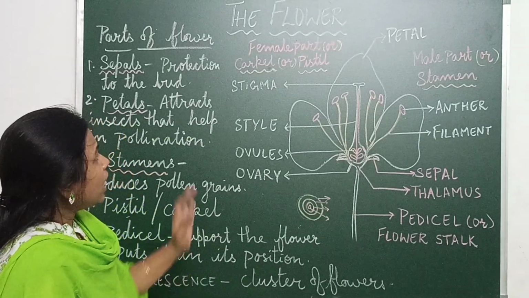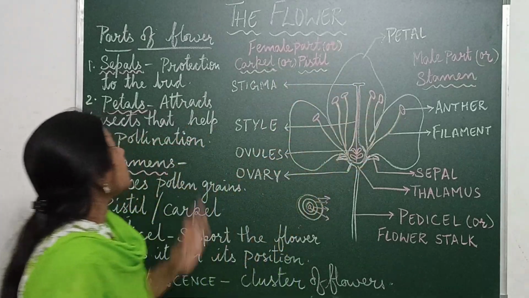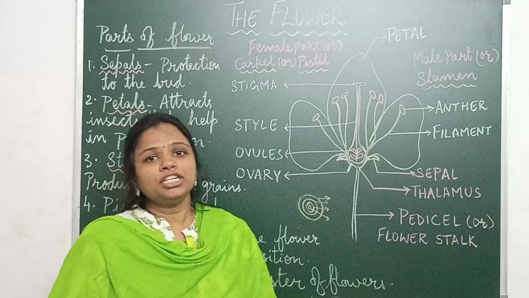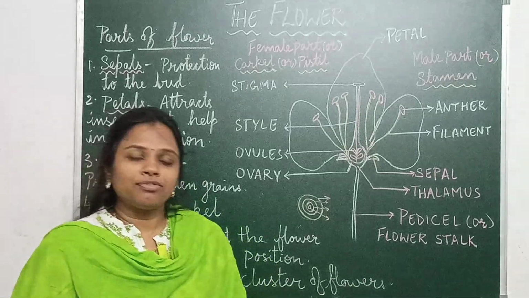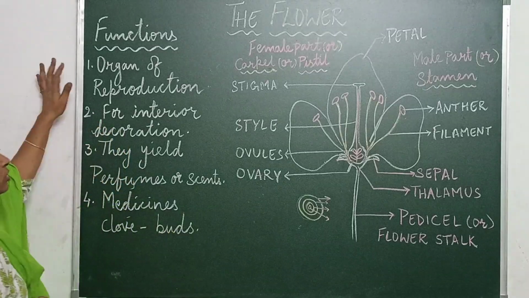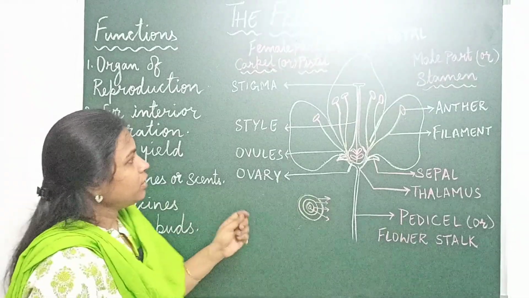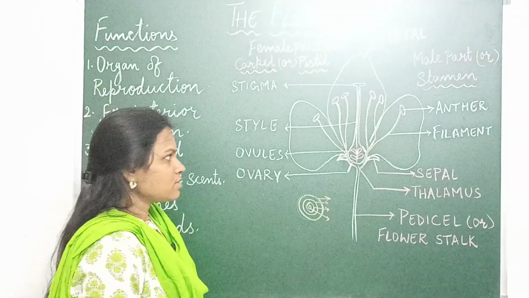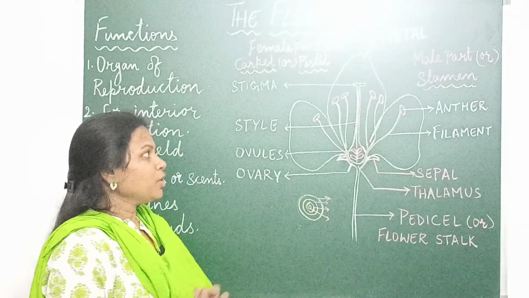Now, as we are thorough with the parts of the flower, we will see the different functions of the flower. Before going to the functions of the flower, we were discussing the pollination process. So what is pollination?